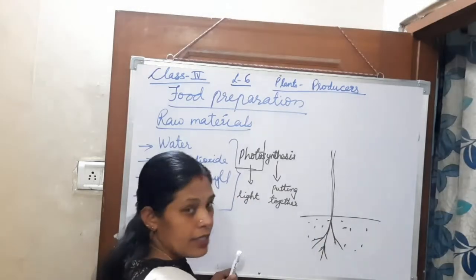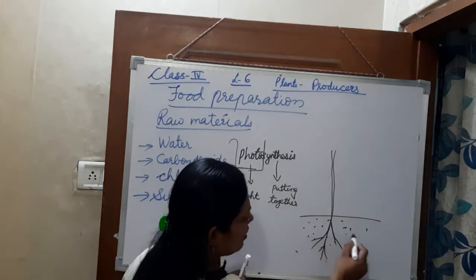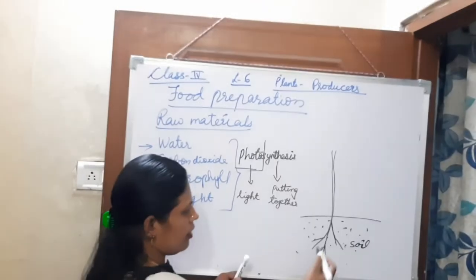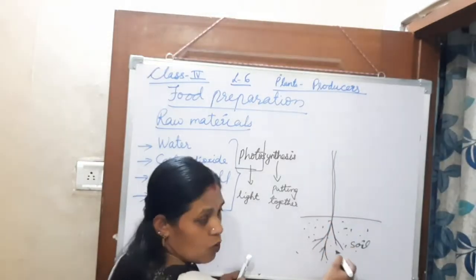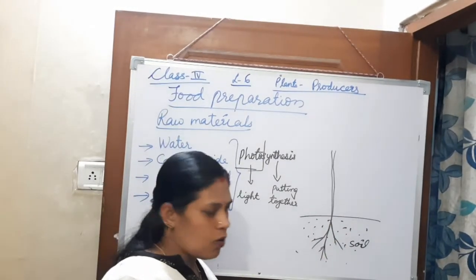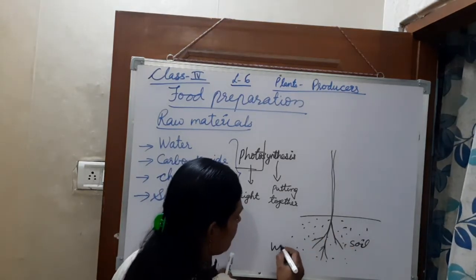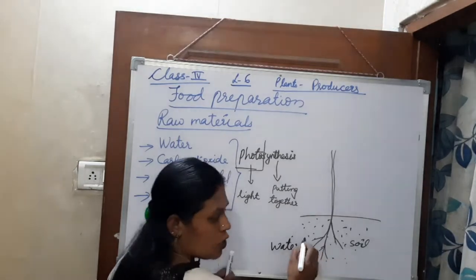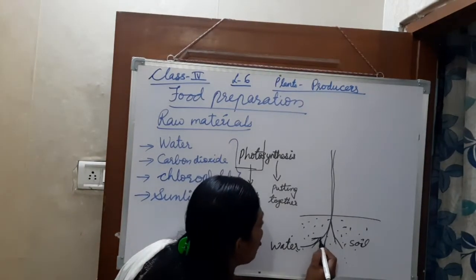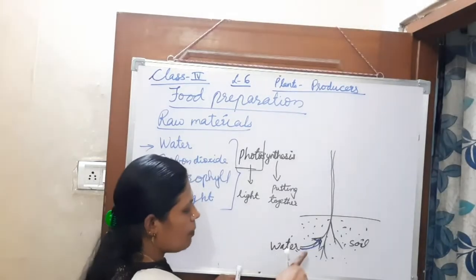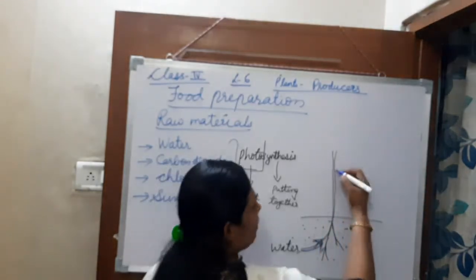The roots go down into the soil, which contains water. The water present in the soil will be absorbed by the root, and it reaches up to the leaf.